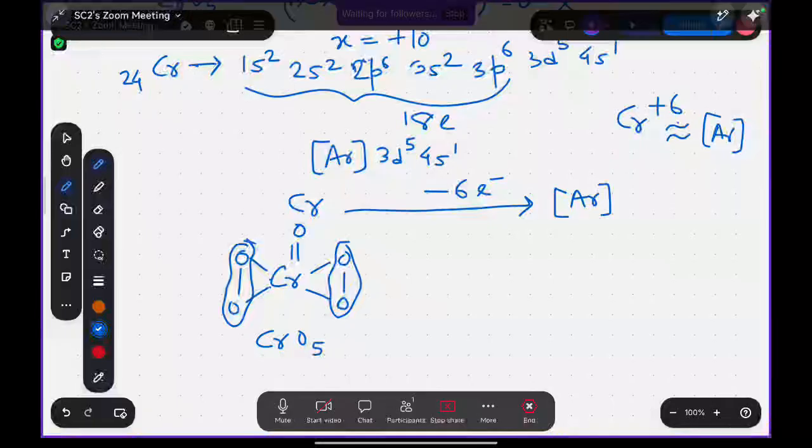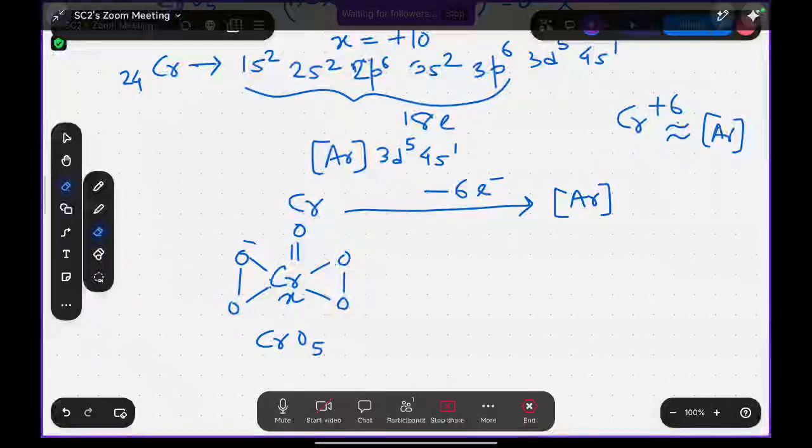But remember, all the oxygens must have 2 bonds. If double bond, then it is okay. If it is single bond, then 2 single bonds on both the sides. See, each oxygen is having 2 bonds. Now what happens? If I choose chromium to be X, what should I do for the peroxo oxygen?